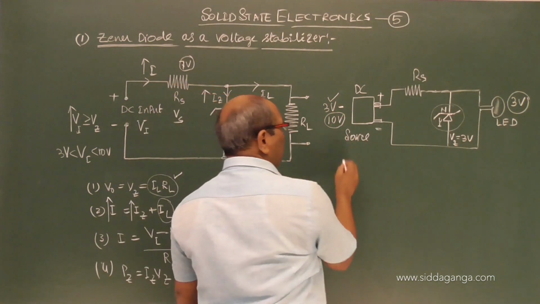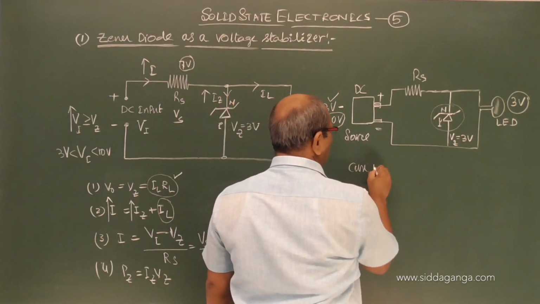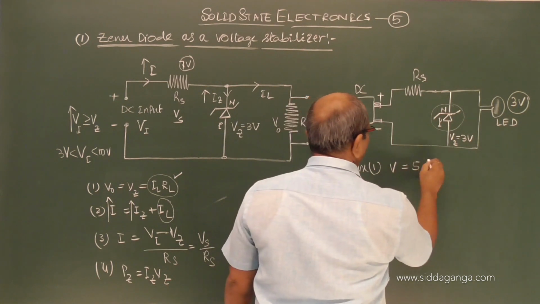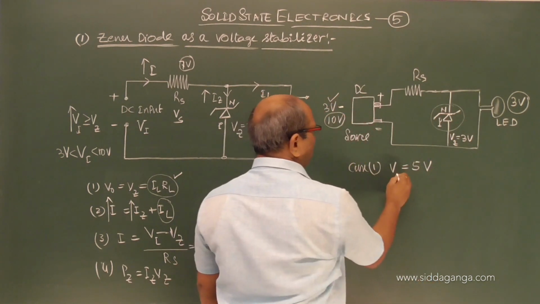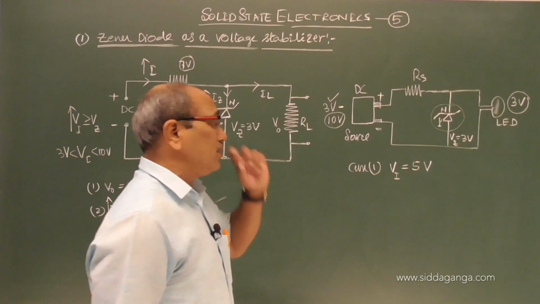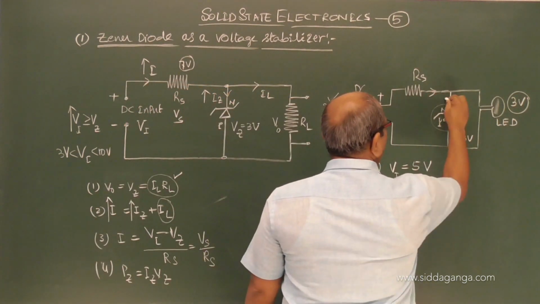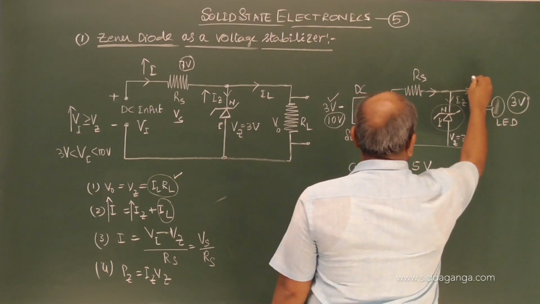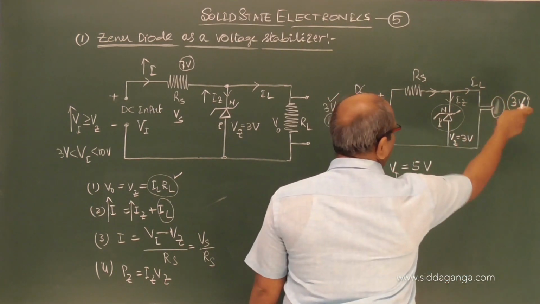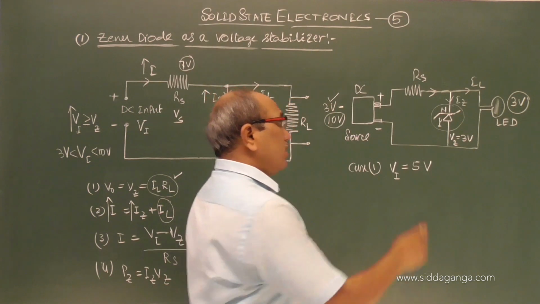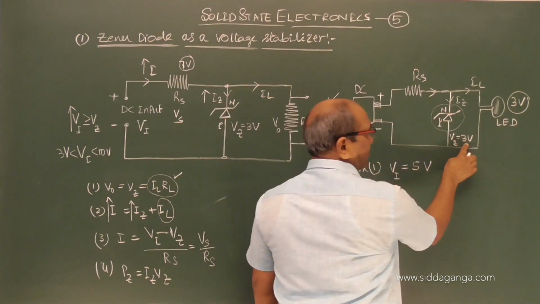Suppose, case 1, the input voltage becomes 5 volt. What happens now? Current flows through this, some current comes here and some current goes to the load, that is the LED, and here only 3 volt drops.